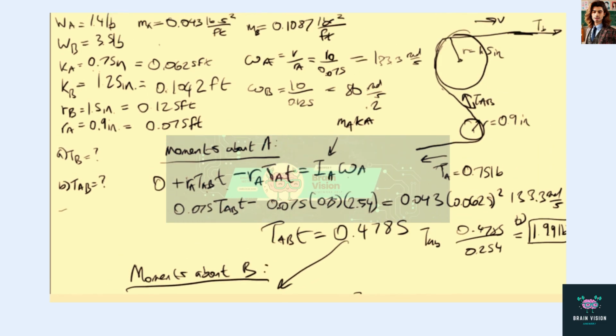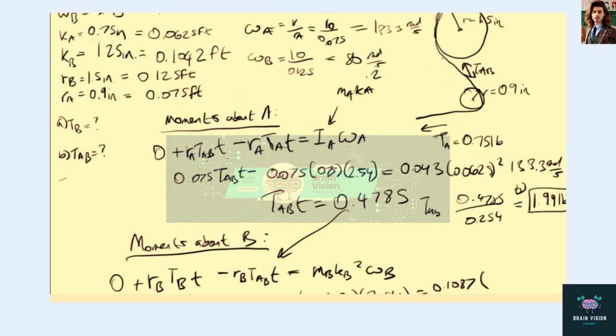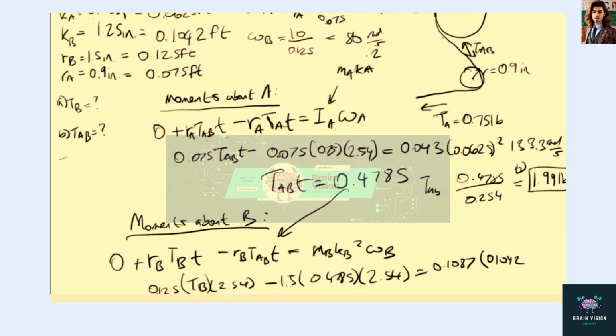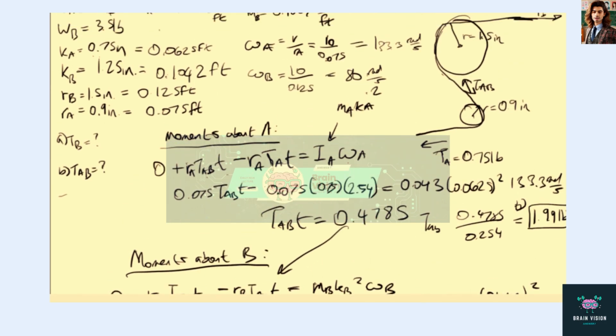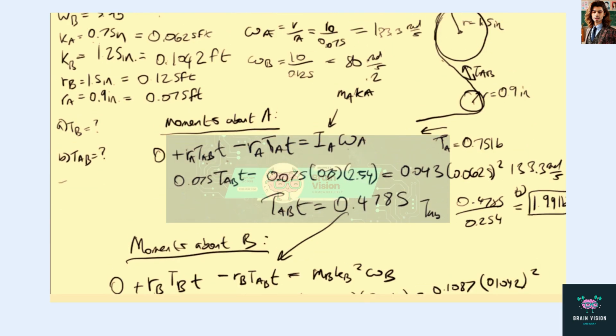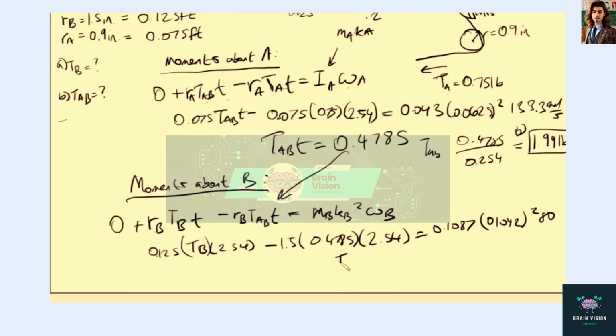So MB is 0.1087, KB is 0.1042 squared, and omega B is 80 radians per second. If we solve that for TB, we end up getting 5.15 pounds.